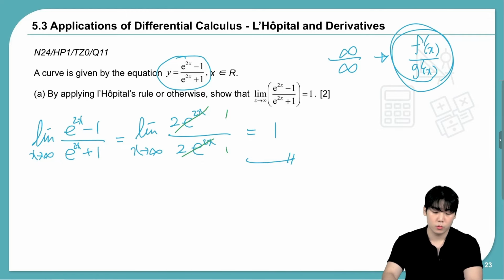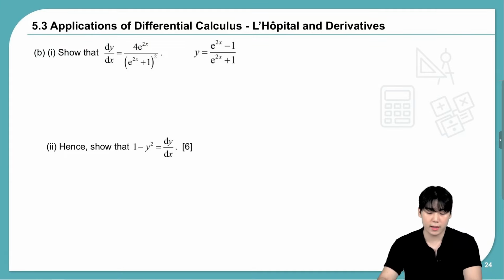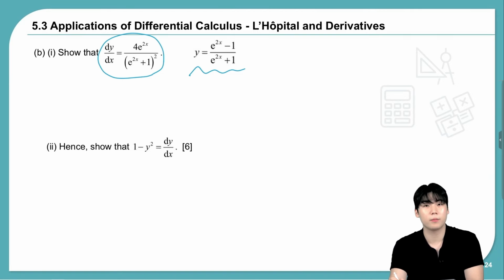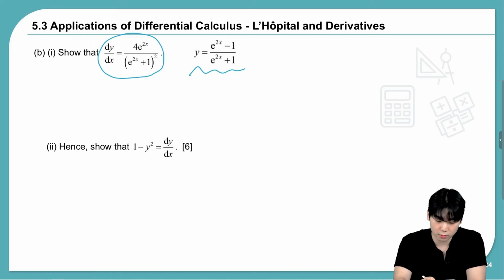Okay? Moving on to the second question, show that dy/dx is blah, blah, blah. I just brought this here for you. To differentiate the given equation, what we can do is apply the quotient rule.